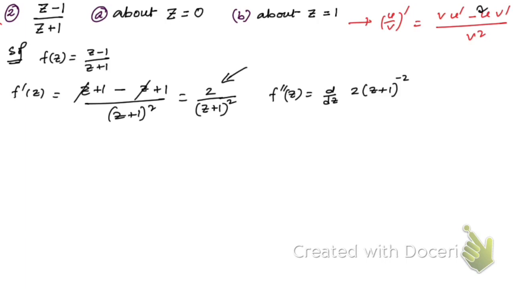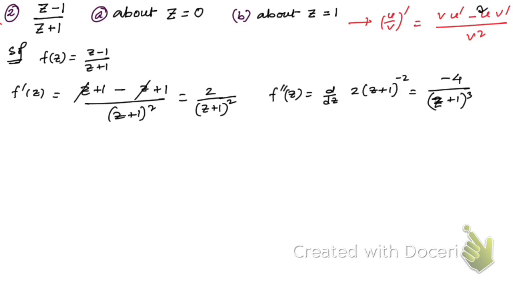If you differentiate it, it becomes minus 4 into z plus 1 whole to the power minus 3, which can be written as minus 4 by z plus 1 whole to the power 3, right? We can write it this way.